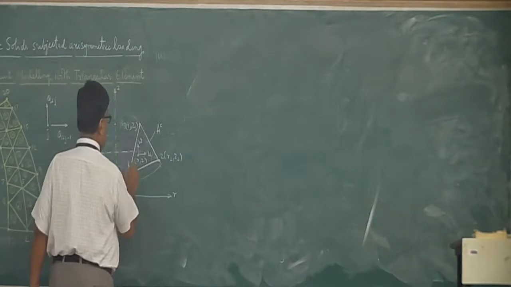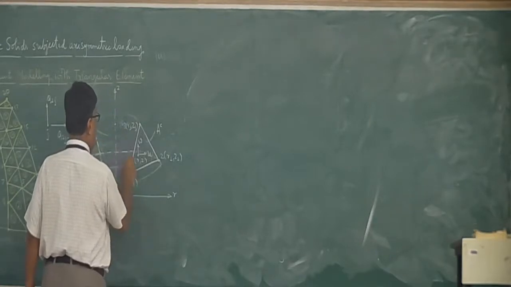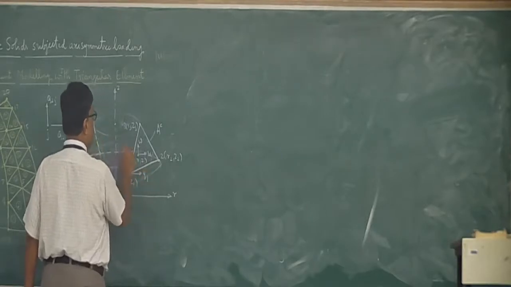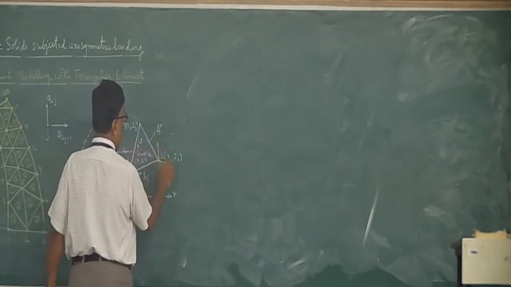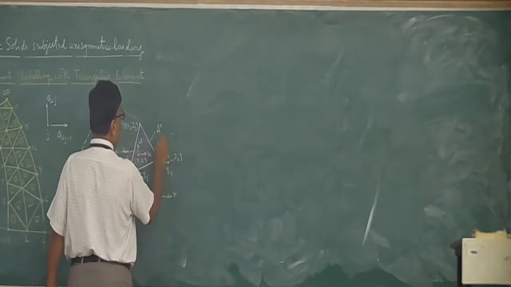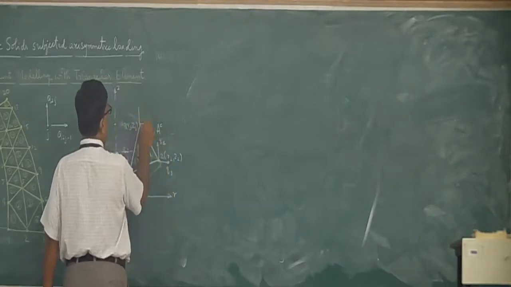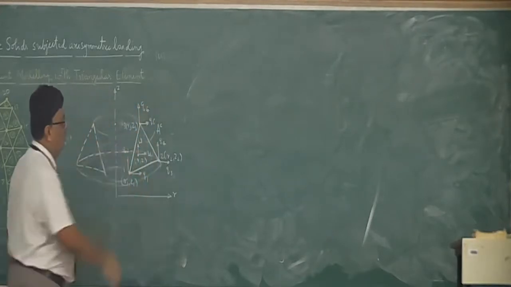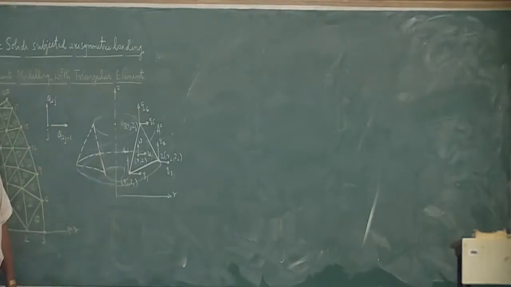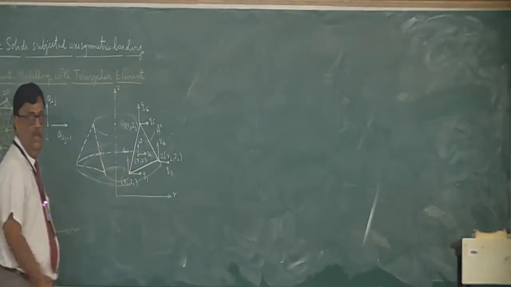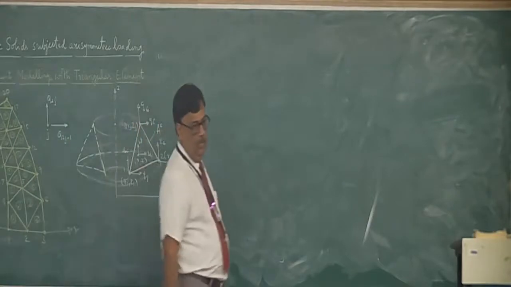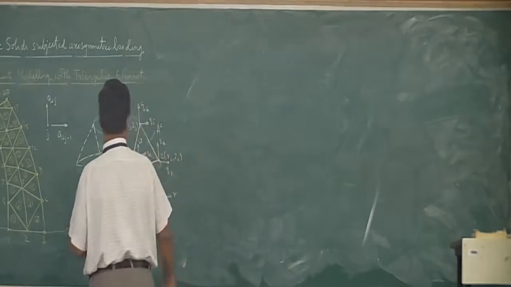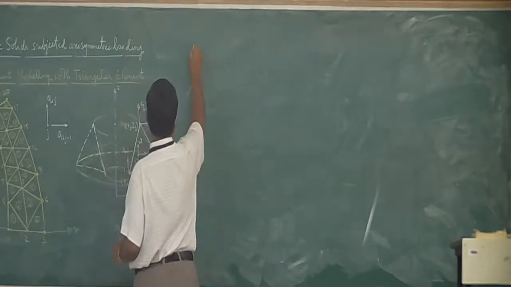And as usual, you know that for a three-noded triangular element, there are 6 degrees of freedom: Q1, Q2, Q3, Q4, Q5, and Q6. See, it is a CST triangle only, with 3 nodes and 6 degrees of freedom, that is, 2 degrees of freedom per node. So if I want to write the relation, just recall whatever I have done in the case of CST.